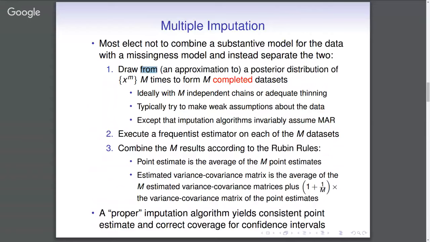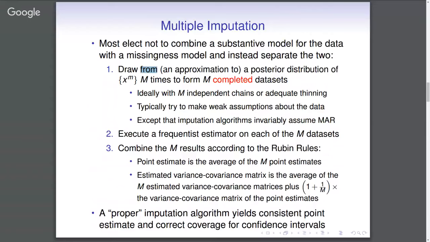These rules were formulated by Don Rubin, who is one of the most prominent Bayesians and has even harsher things to say about frequentists than I do. But somehow the frequentists haven't caught on to the fact that if you're using Rubin's rules, this is a Bayesian procedure rather than a frequentist procedure.